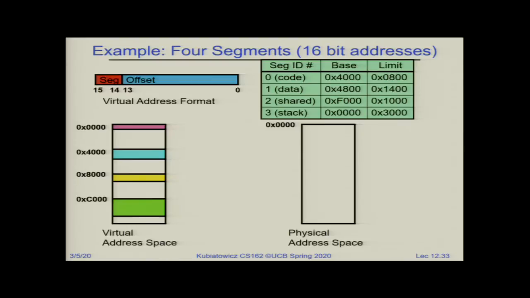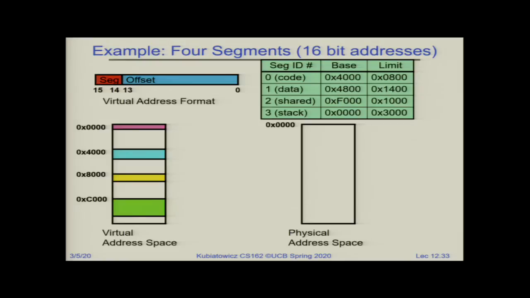So anyway, let's take a look here. So here's my virtual address. I've only got 4 segments, so I'm only stealing 2 bits at the top. All right? So here's my virtual address space. Do you see how it's sparse? Why is it sparse? Because if I start with 00 up top, that's going to be everything from 0000 hex to 4000 hex. Why? Because what's 4? 4 is 0100, so the top 2 bits are 0.